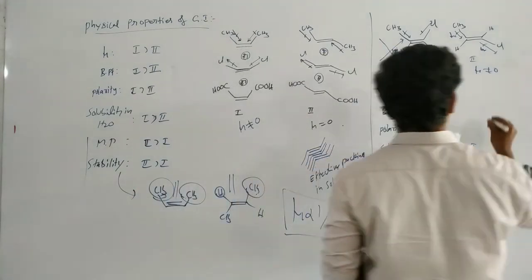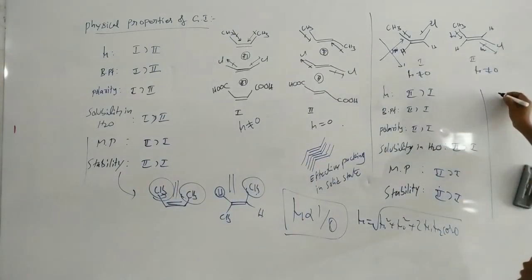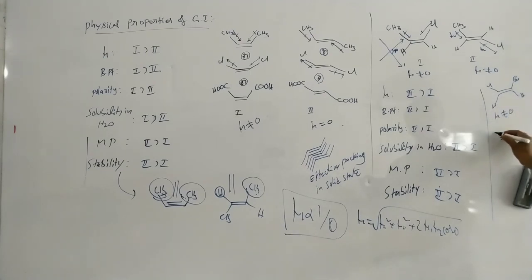Suppose you take this one as chlorine, this chlorine, and this hydrogen, this hydrogen. Your mu is equal to 0 for that one. For chlorine and bromine, with this hydrogen, here in this case the chlorine direction is towards bromine.